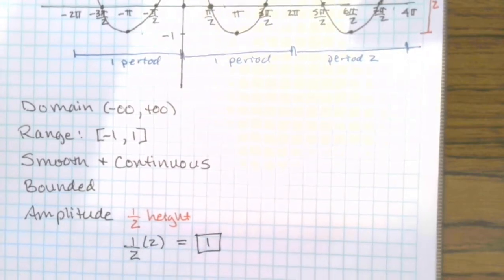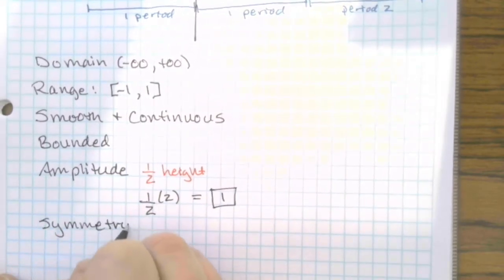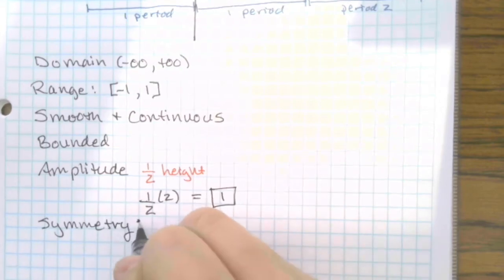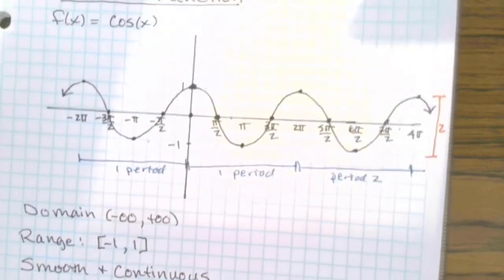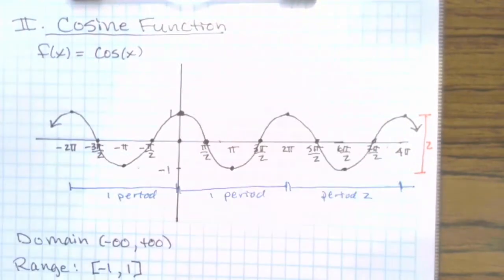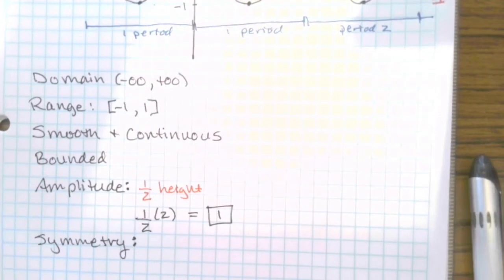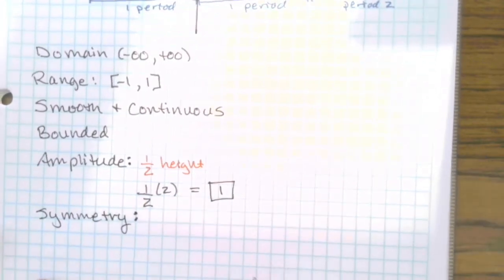So same amplitude as your sine function. Okay, symmetry. So looking at the symmetry, I can take this graph and fold it in half. So my symmetry for a cosine wave is even.